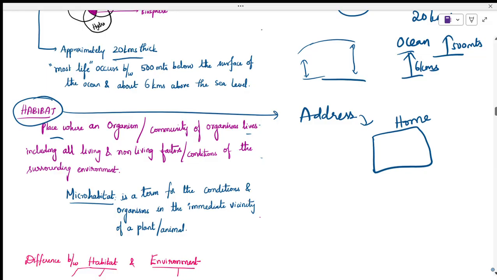Your home is called habitat. In your home, your mother, father, brother, sister all will be living and you will be interacting. You'll be eating food together, playing, singing, right? So this is called habitat.